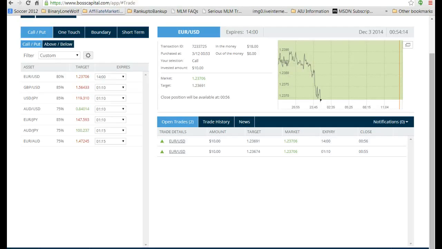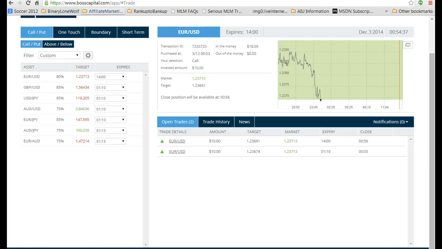It will not be for the full $10. Usually it's about maybe $8 or $9, so you're really only losing, say, $2, right? But the difference between Boss Capital or a foreign broker and Nadex is that in Nadex, if this trade were to go against me, I could still technically have a profit for that particular trade.